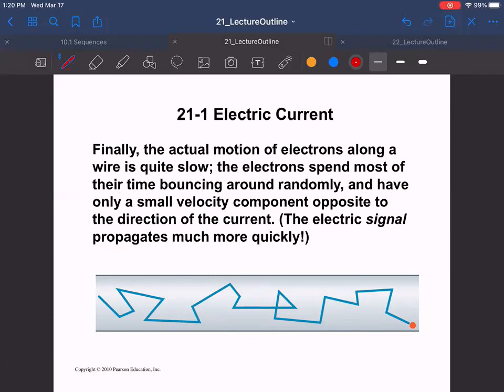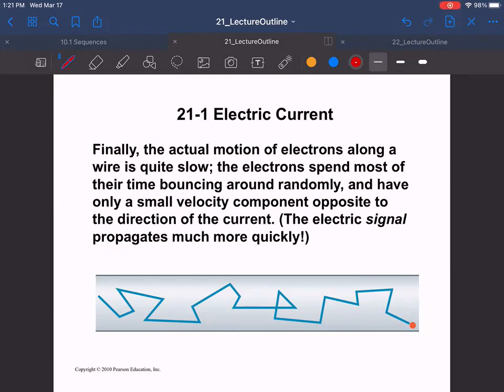It bounces around zigzag as the electrons bounce around, being deflected by the nuclei and probably other electrons as well. And they don't go just straight through. So even though the electrons themselves have a very high speed, their overall propagation through the wire is actually slow, on the order of centimeters per second.